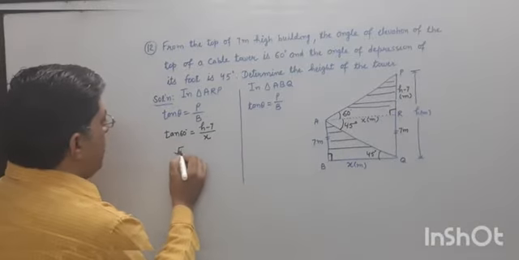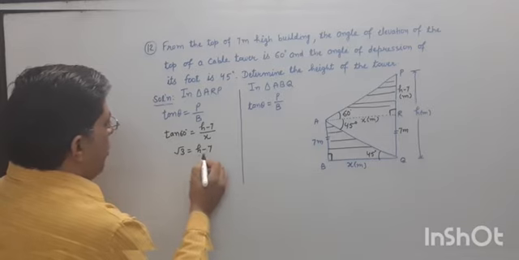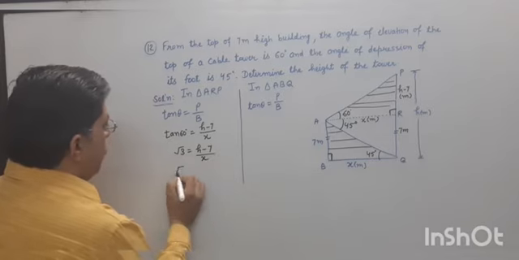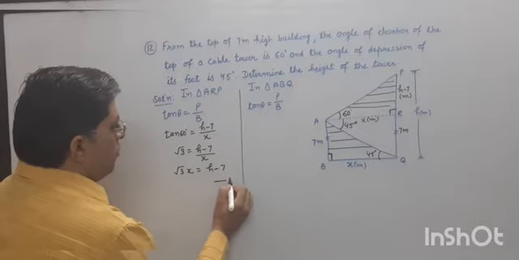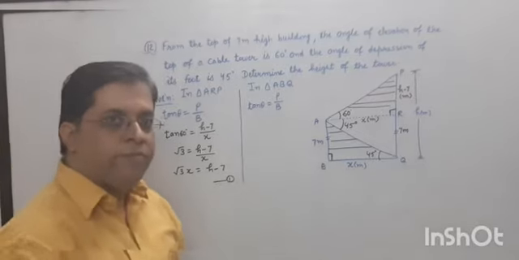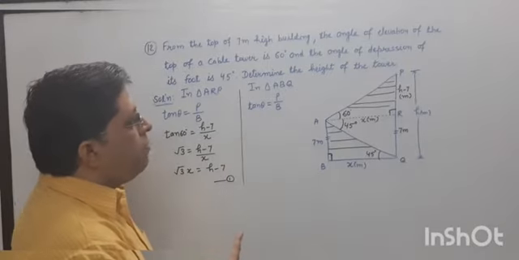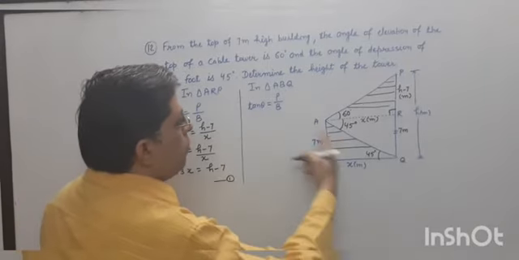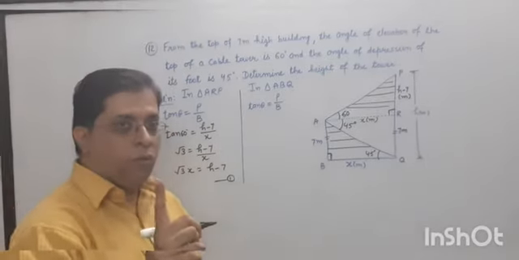Tan 60 is your root 3, so root 3 is equal to h minus 7 upon x. So root 3x is equal to h minus 7. This is equation number 1. Now for equation number 2, the next triangle ABQ. Tan theta is equal to perpendicular upon base, that we know.